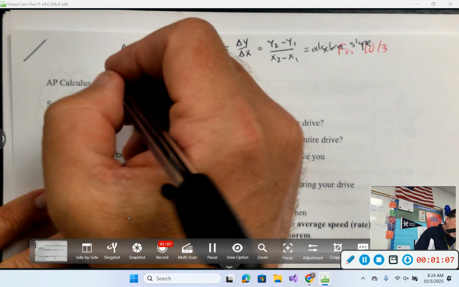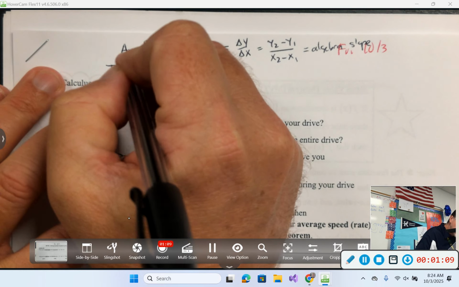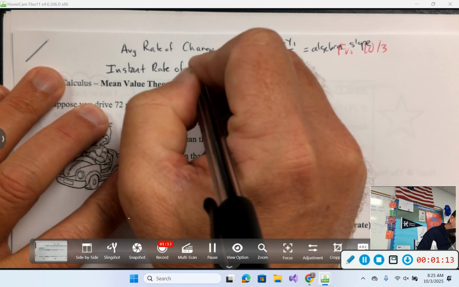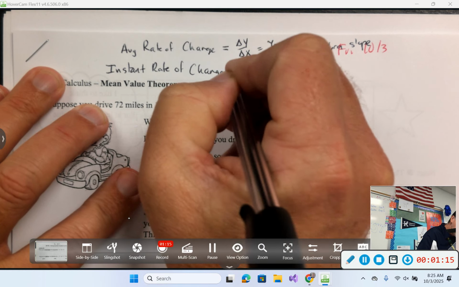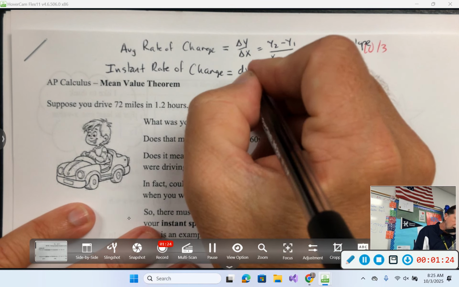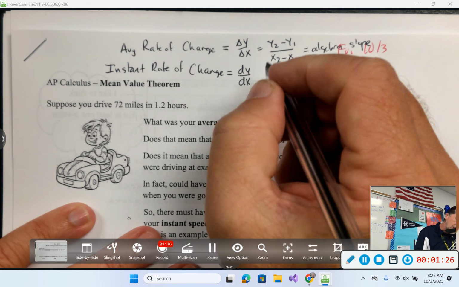As opposed to the instantaneous rate of change. I'm just going to abbreviate that to instant rate of change. That you don't get 2 points. You don't get to go from point A to point B. That is the immediate dy dx. That's the derivative.